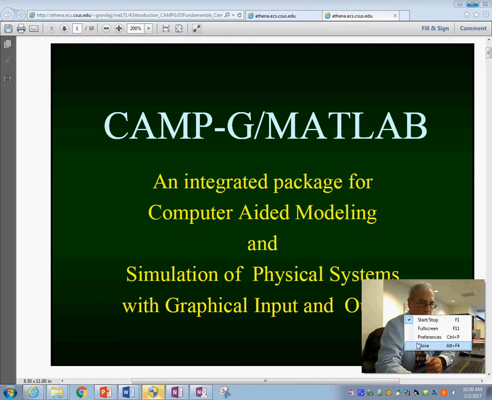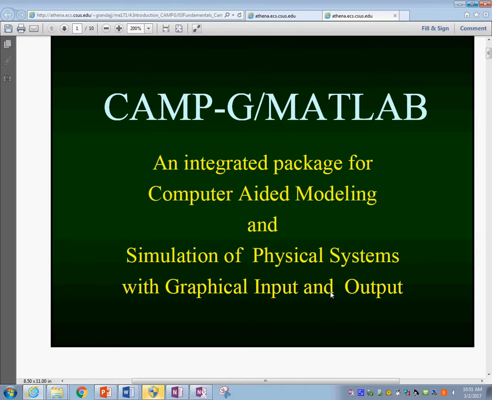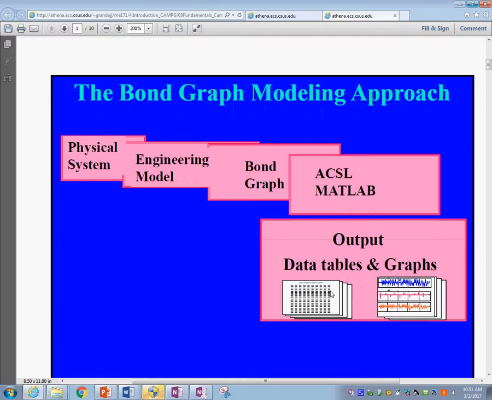So let's examine the details of this. This is a computer integrated package for the simulation of physical systems. Let's look at the process that we use in modeling and where CAMG fits and what it is.